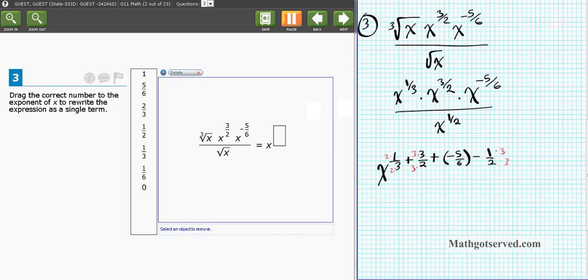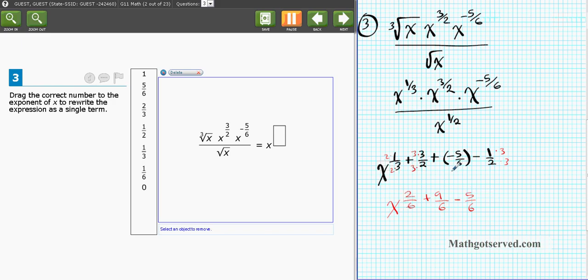Sorry about this, I'm having some difficulty with the color changing here. So let's just use red. So we have x to the 2/6 plus 9/6. And then this plus times this minus will become a minus, minus 5/6.